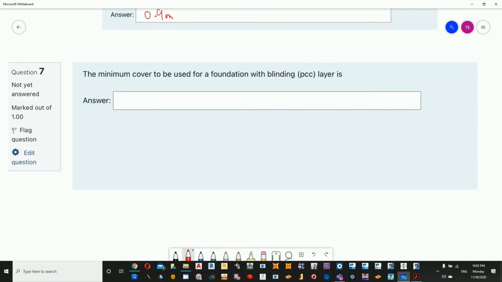Now related to question number 7, we said if we are having BCC and if we are having without BCC, if you remember, I have given you the values and I have explained them. And we said clearly that 75 is the value if we don't have a BCC. If we are having a BCC, then it's going to be 40. You can return back to your notes.